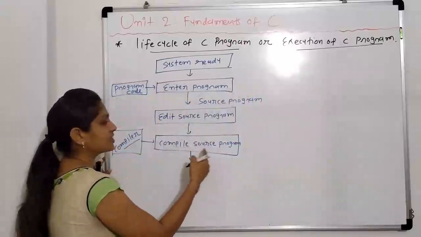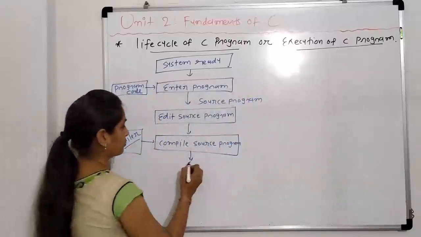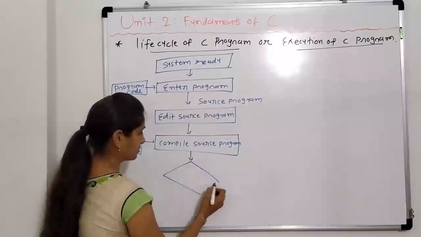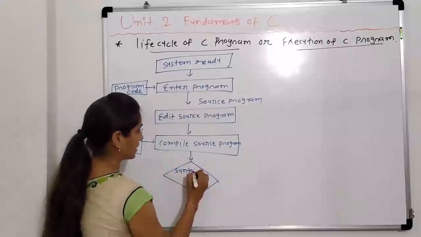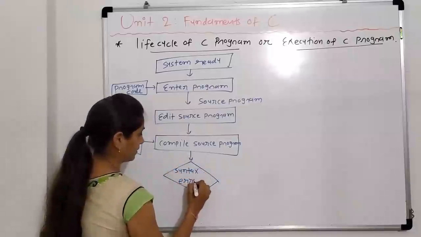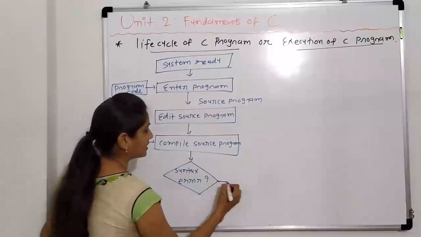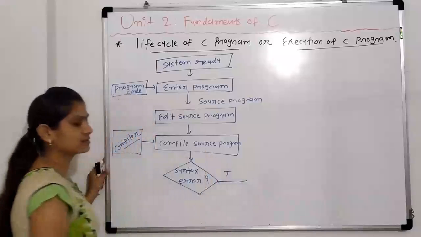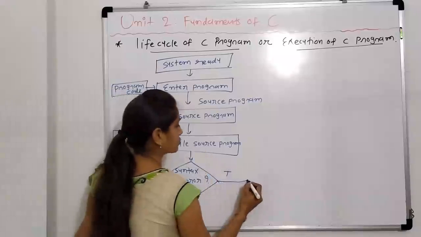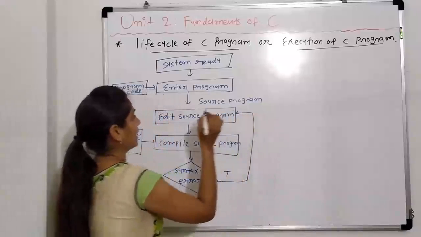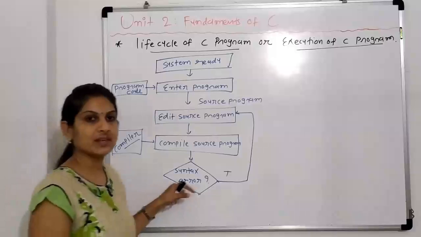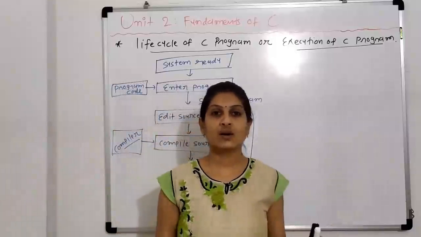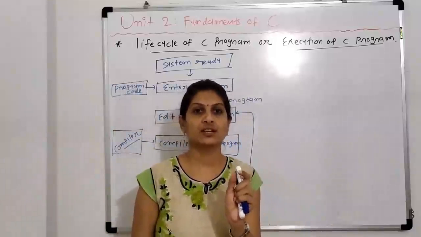The compiler checks the error. So is an error there or not? Which kind of error? The syntax error. If the syntax error is there, meaning true, then you have to solve it using the edit option. Suppose you are missing a semicolon, you are missing a comma, or you write P as capital instead of small.